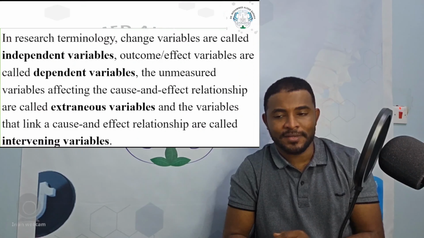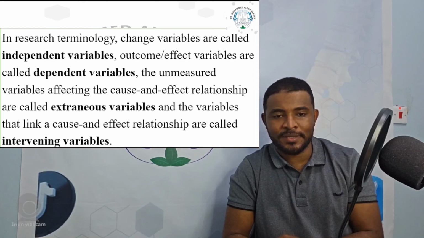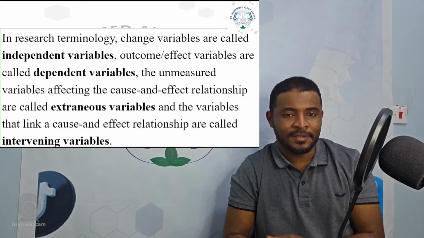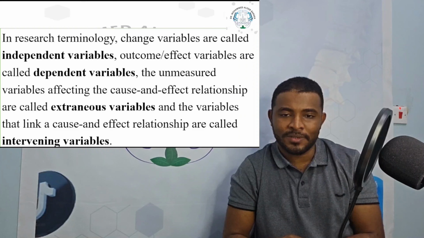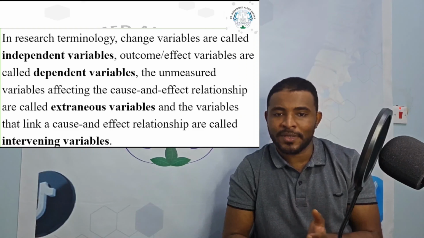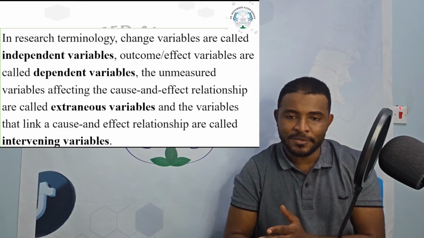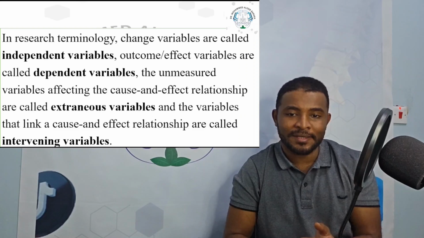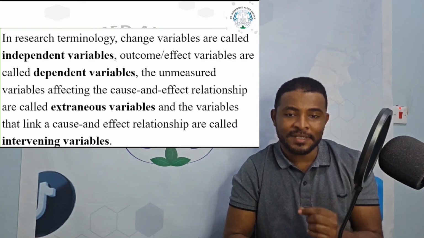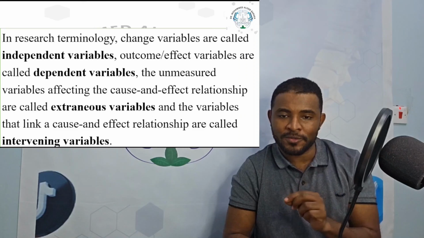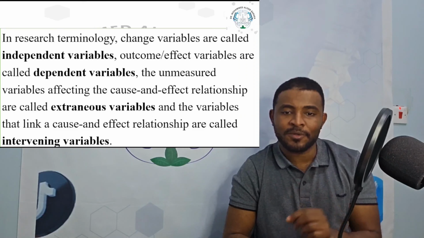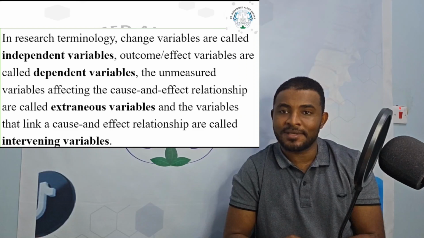To simplify what we said, in research methodology the change variables we call independent variables, and the outcome variables we call dependent variables. The unmeasured variables affecting the cause and effect relationship are called extraneous variables.